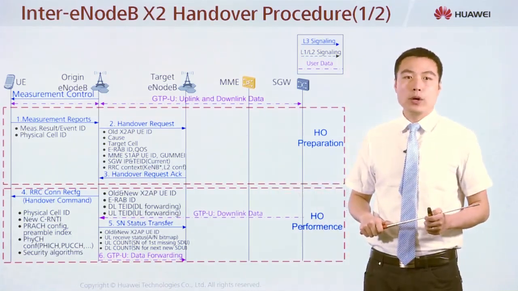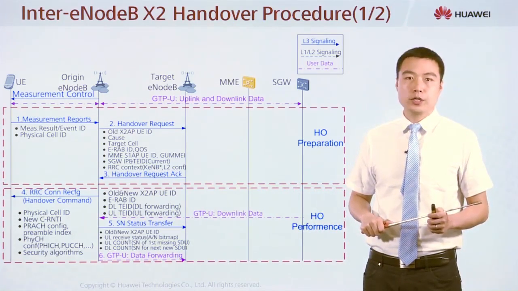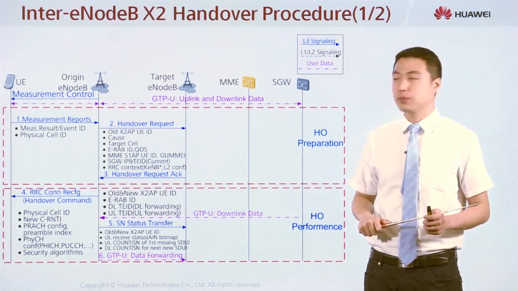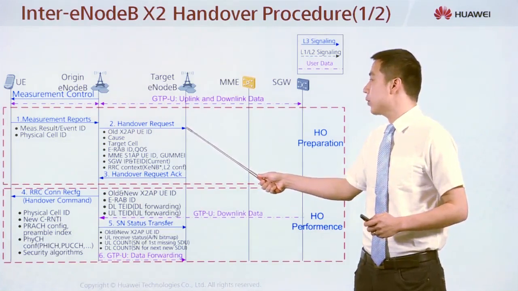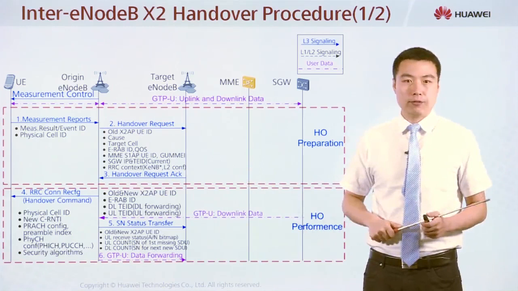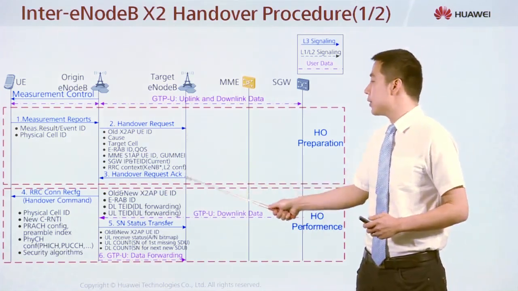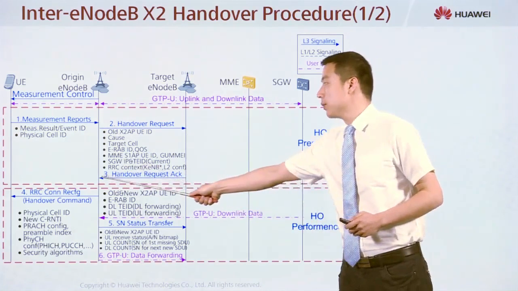The target eNodeB will start the admission control procedures. The target eNodeB will check if there is enough resource for this new user. From this point, the target eNodeB will check the remaining resource. If the target eNodeB has enough resource, it will send the handover request ACK to the source eNodeB.